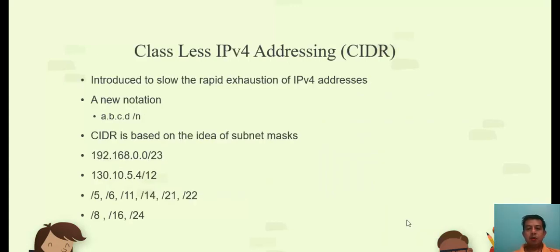So the people who were designing IPv4 took certain steps. The first step they took is to introduce a new addressing scheme known as classless IPv4 addressing. It's the first step to address this exhaustion of IPv4 addresses.